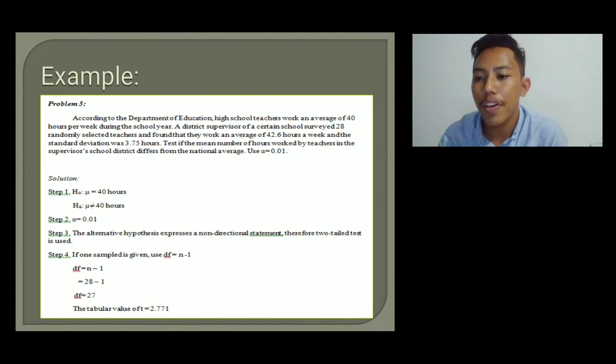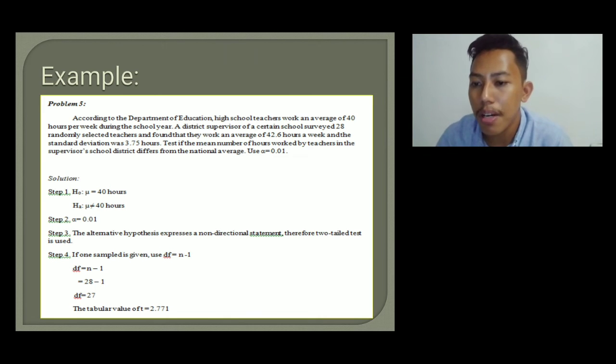So first, our null hypothesis is that the population mean is 40 hours. Then our alternative is that the population mean is not 40 hours. Step 2, our level of significance is 0.01. The alternative hypothesis expresses a non-directional statement, therefore we will use the two-tailed test.